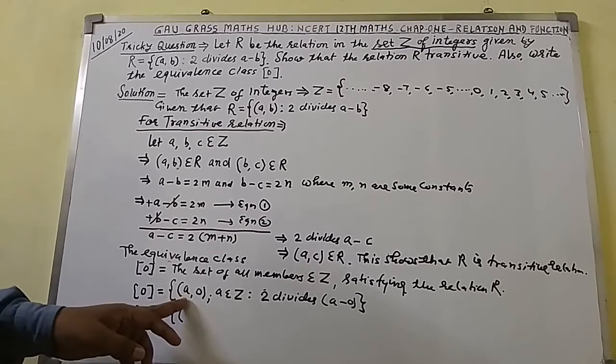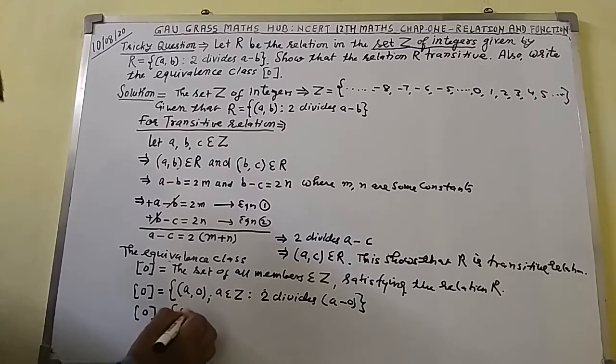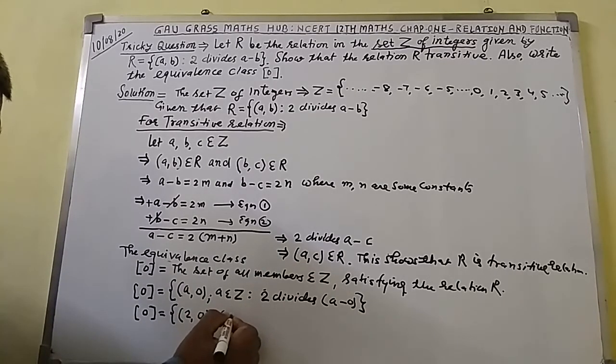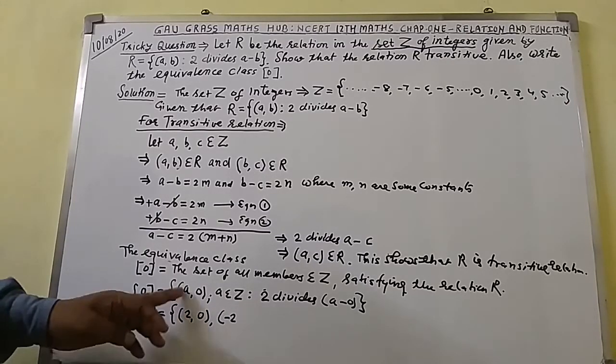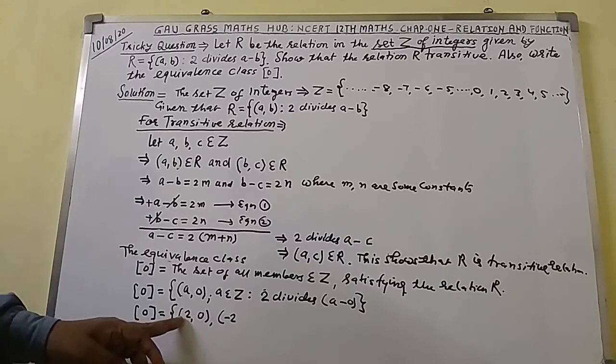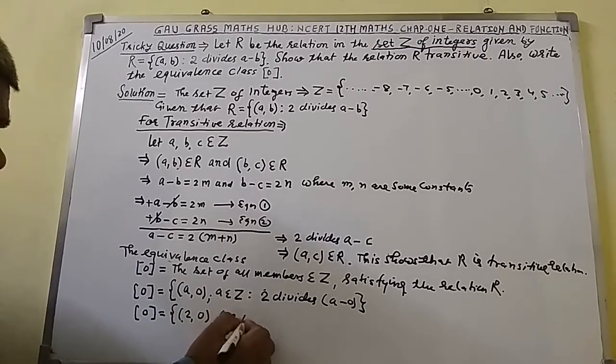If you take 2, 2 divides 2, that is correct. So write (2, 0), and it can also be negative, minus 2. The value of a can be either plus 2 or minus 2. Both will be accepted.